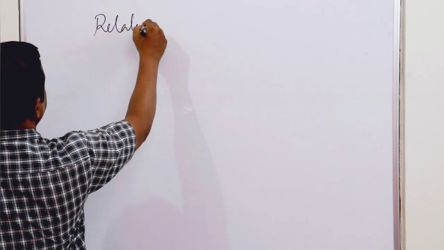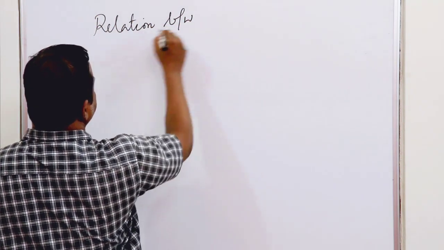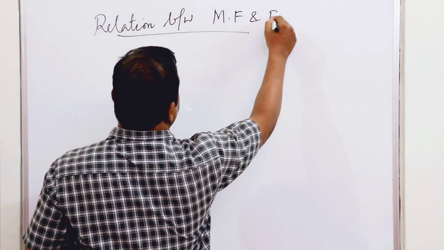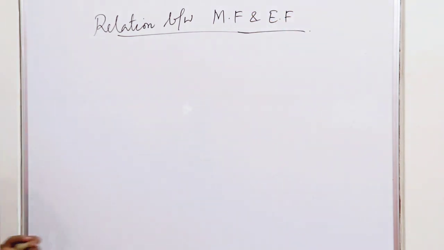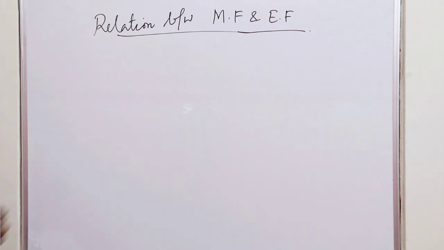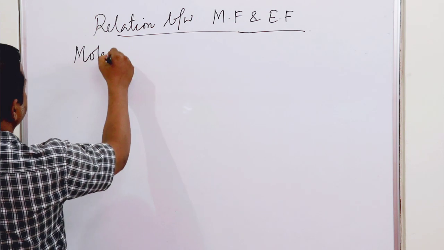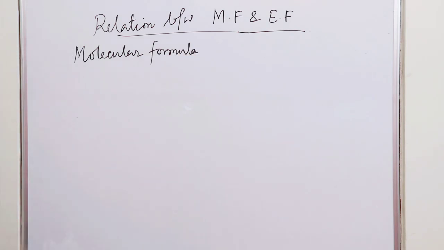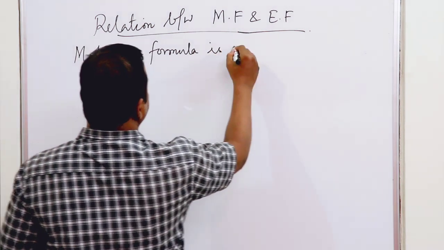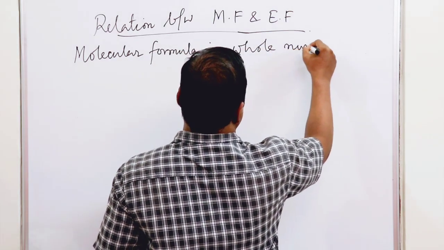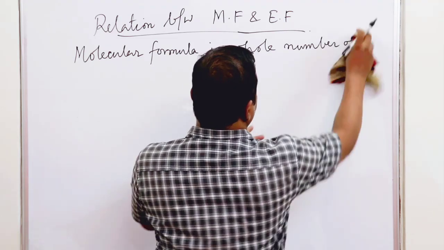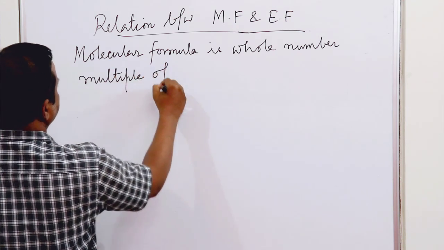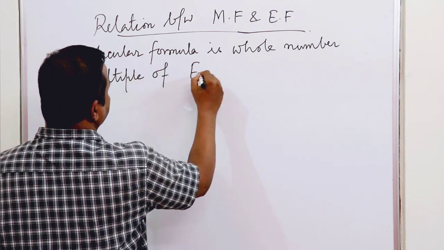The relation between molecular formula and empirical formula, EF, states that molecular formula is a whole number multiple of empirical formula.